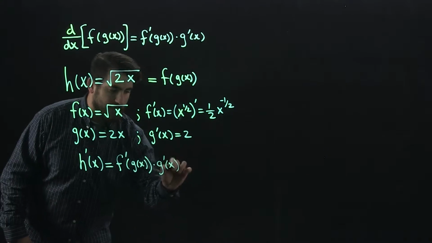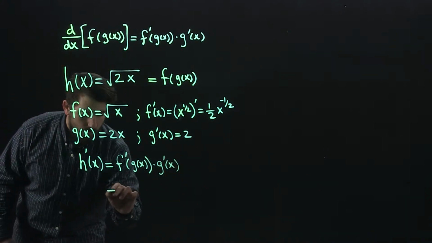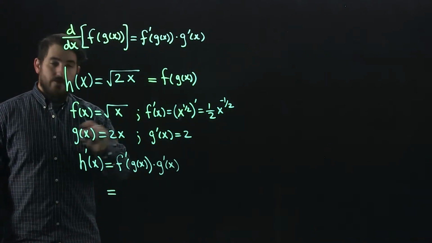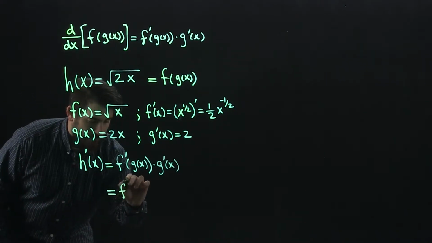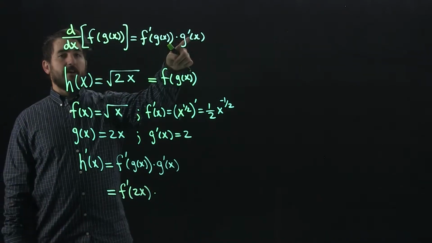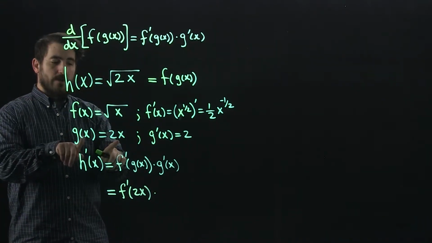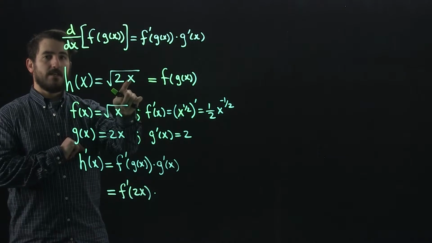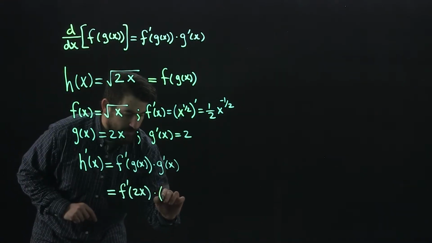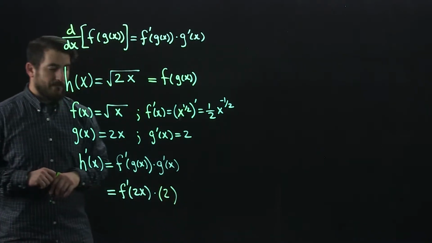Well, f prime of g of x, we know g of x is 2x. So I'm going to say f prime of 2x times the derivative of g. We denoted 2x as being g because it's inside. The derivative of g is just 2. So this is going to be times 2.